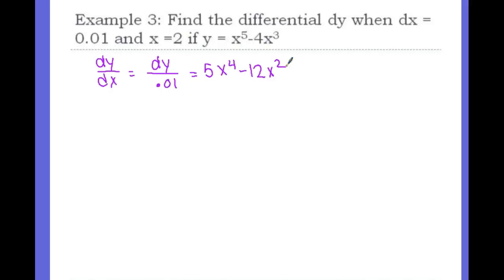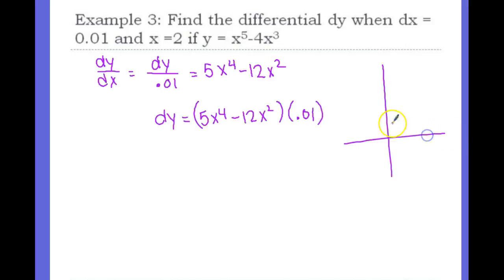So if I want to know what the differential dy is, I'm just going to multiply both sides by 0.01. So differential dy is 5x to the 4th minus 12x squared times 0.01. This 0.01 is me looking at my function, finding its tangent line at x equals 2, and then moving 0.01 units beyond it.